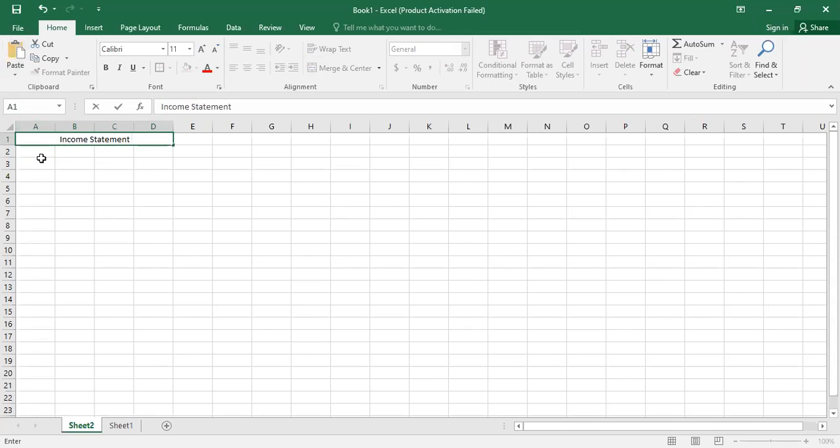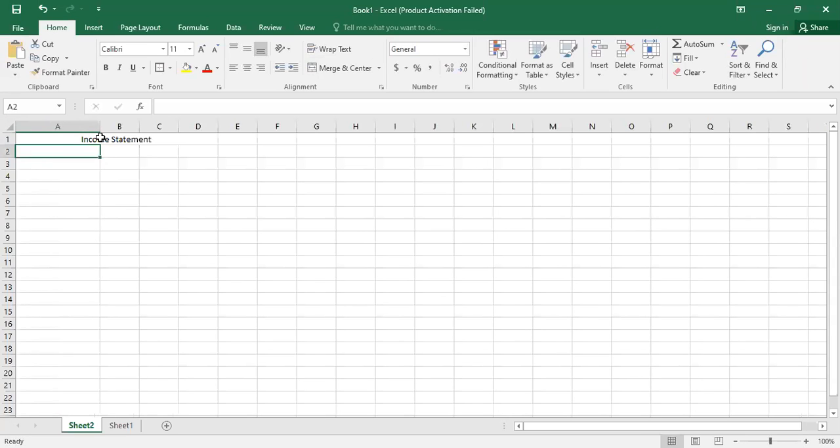You can have the column here for revenue items, and you can have year 1. Just make it simple. Year 1, and we have year 2.